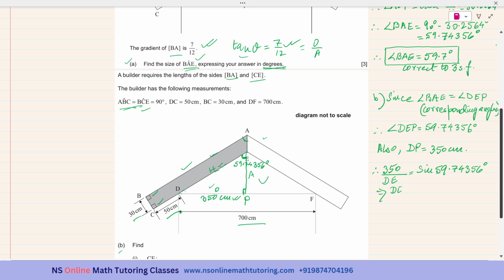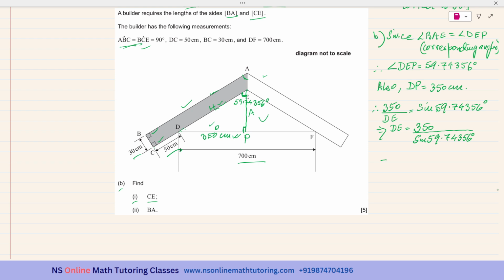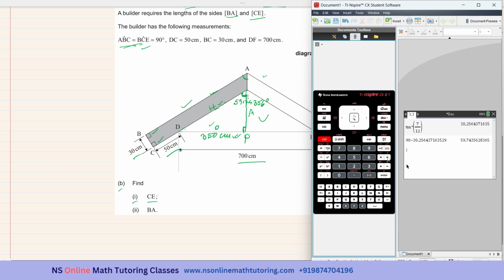So DE will be equal to 350 divided by sine 59.74356 degrees. So DE should be equal to 350 divided by sine of the answer.